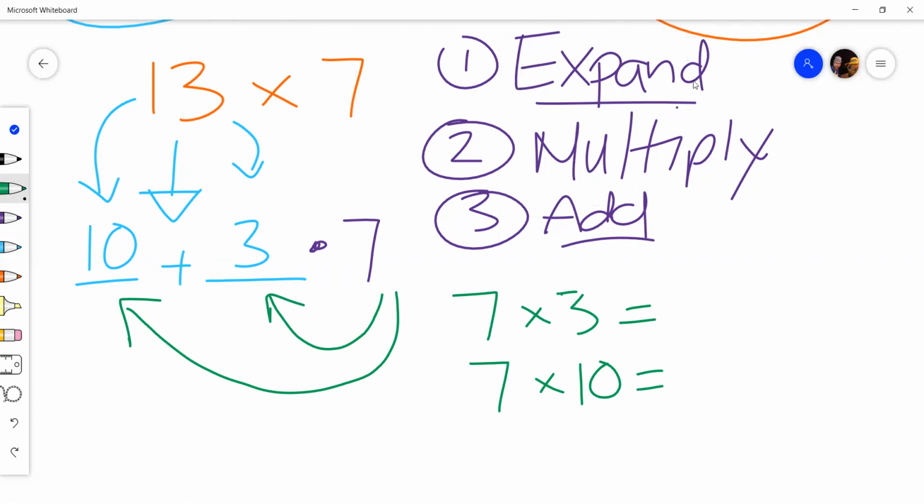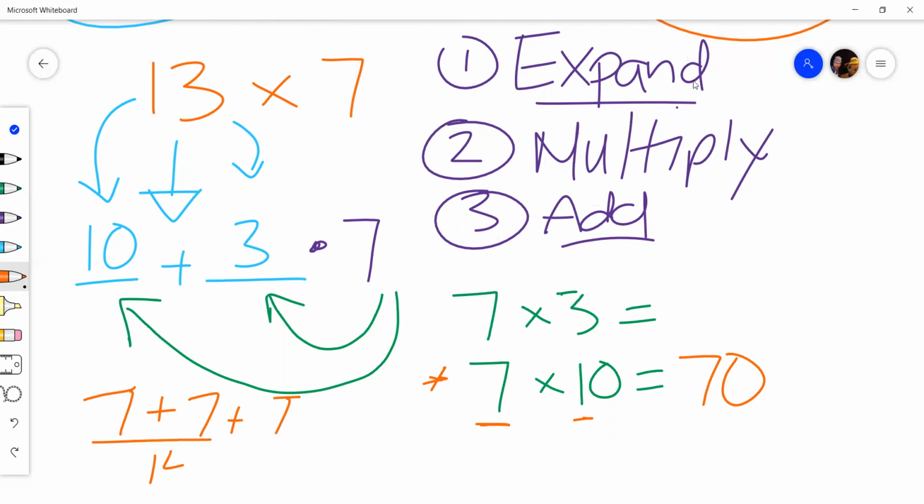For 7 times 10, we use the tens rule of multiplication we've talked about. There's the identity, 1 times 7 is 7, but really it's 10 times bigger, so I need the 0. So 10 times 7 is 70. Then 7 times 3 is 7 plus 7 plus 7.